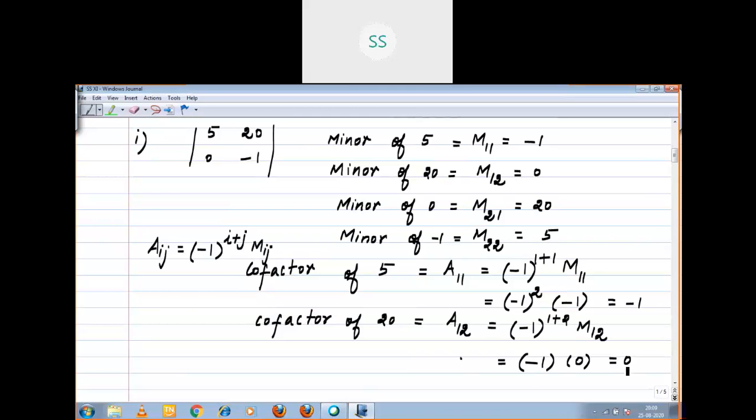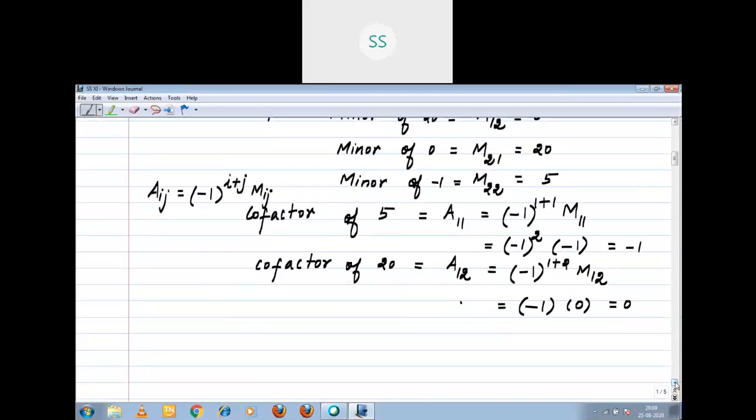Got it, children? You have to follow me. Cofactor of 0: 0 is located in the second row, first column. So, minus 1 the whole power 2 plus 1 into M21. Minus 1 the whole power 3 is an odd integer, so minus 1.